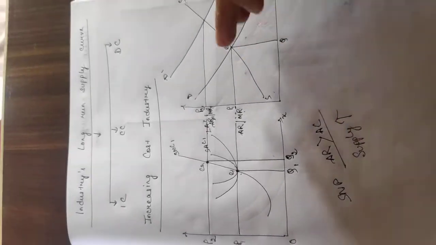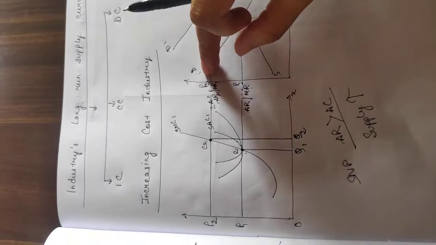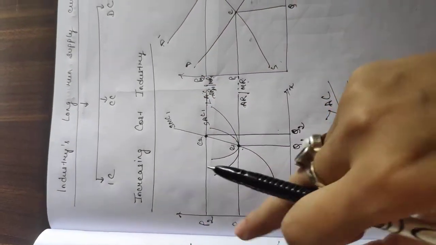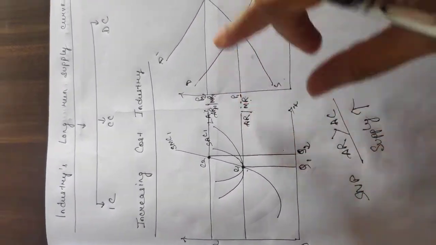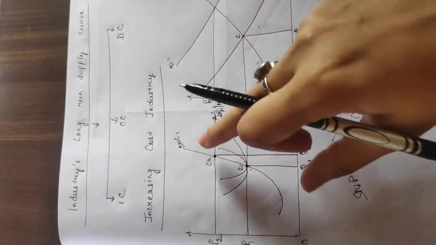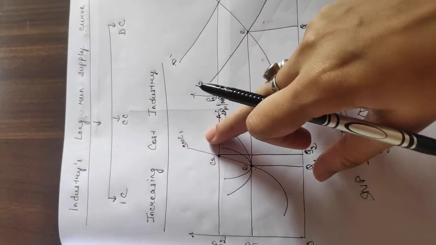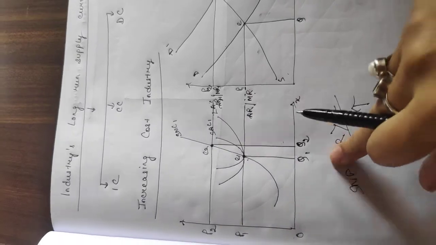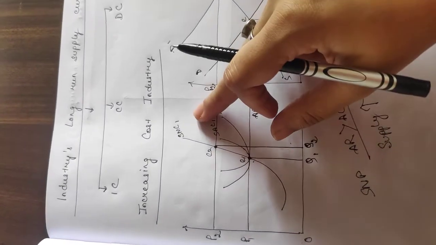See, try to understand, when the demand increases, prices increase. This price is followed by the firm, and accordingly AR and MR have changed. Since supply is constant, your cost is less, your revenue is more. That means the existing firms in the industry are earning supernormal profit.